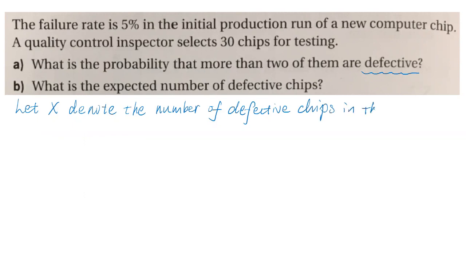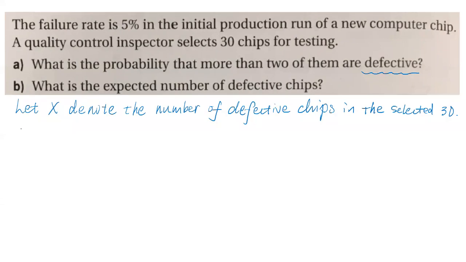in the selected 30. Okay, here we select 30 chips, right? That means we conducted 30 experiments. In each experiment, the probability of having a defective chip is always constant, which is 5%, right?